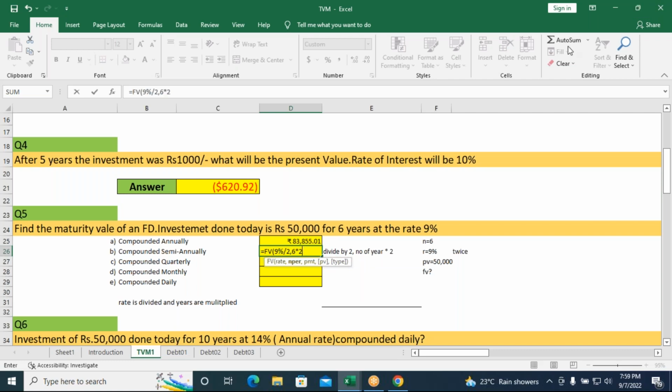PMT, I don't know, so it will be 0, comma. PV, present value, the amount is going out, so I'll put minus 50,000, comma. What am I looking for? Maturity value, that's end of the period. Close the parenthesis, enter.